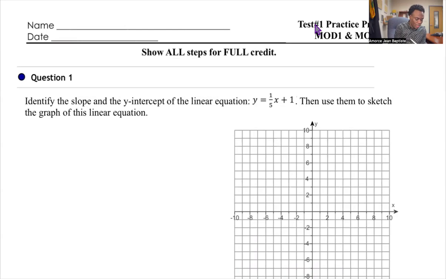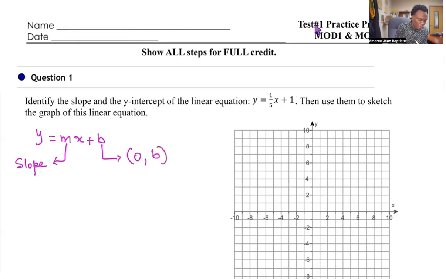Now, first we need to identify the slope. So you remember y equals mx plus b, where m is the slope, not mx, just m, the coefficient of x is the slope, and the y-intercept is 0, comma b.